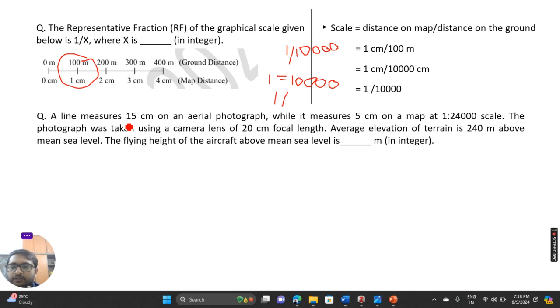Now the photograph was taken using a camera lens of 20 centimeter focal length, and the average elevation of the terrain is 240 meter above the mean sea level, and the flying height of the aircraft above the mean sea level is, for filling the blanks. So can anyone tell me how we will proceed?